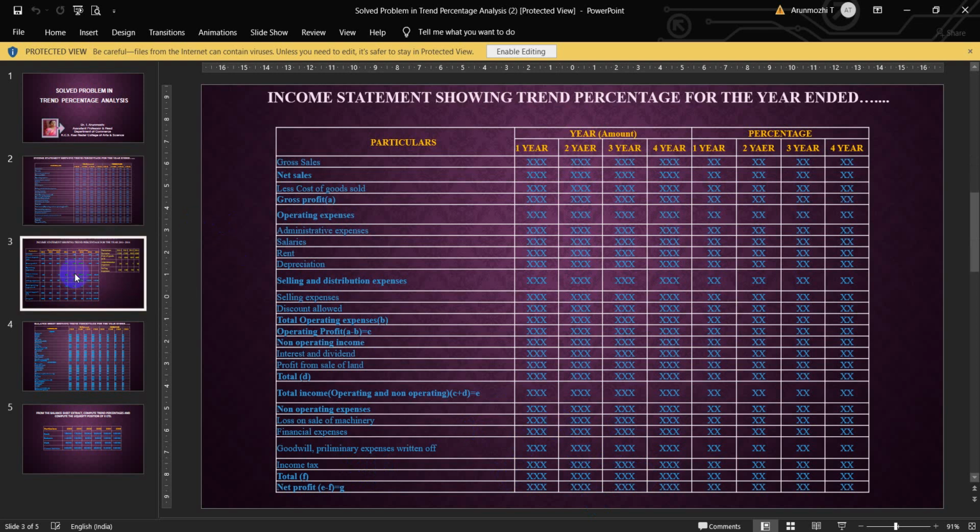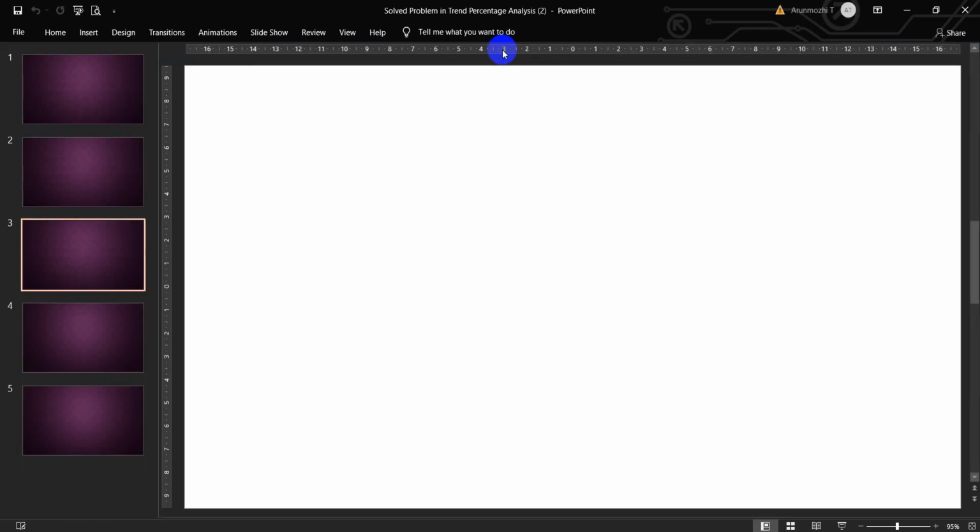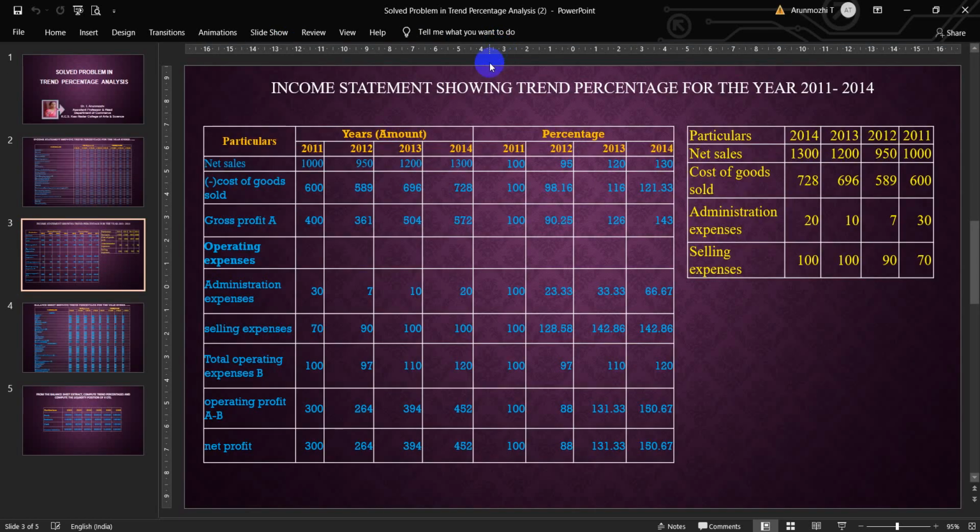Now we will go with one problem. How are we going to do the problem? Income statement showing trend percentage for the years 2011 to 2014. They have given net sales, cost of goods sold, gross profit. Then they have taken operating expenses, with administration expenses, selling, total operating expenses.